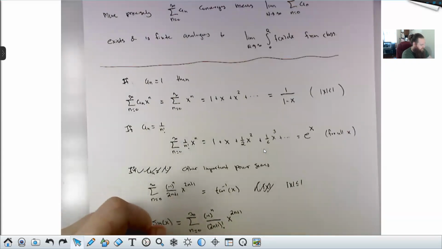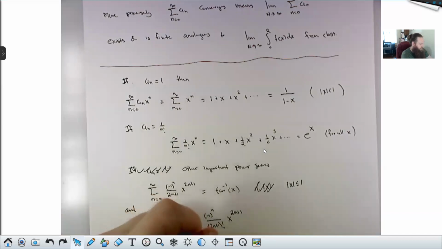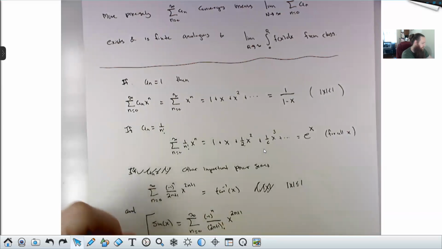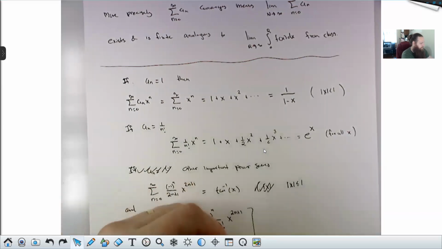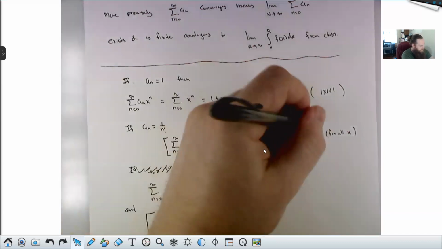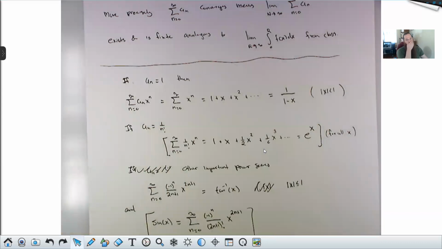And cos x is sum n from 0 to infinity, negative 1 to the n over 2n factorial x to the 2n. This guy and this guy I'm going to use in what follows.